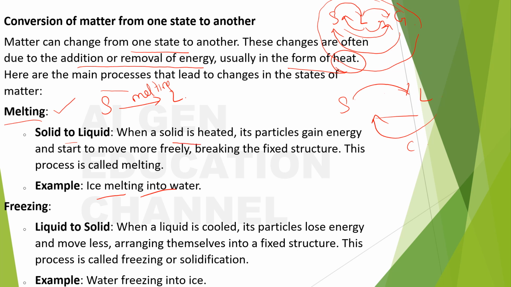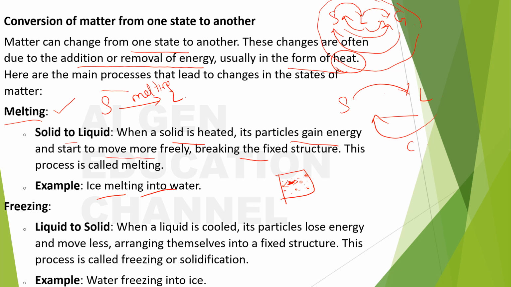When a solid is heated, its particles gain energy and start to move more freely, breaking the fixed structure. This process is called melting. In solids the particles have a fixed structure and they are closely packed, right? When it is heated, any particle will gain energy, and when you have more energy, you move freely, you are very active.